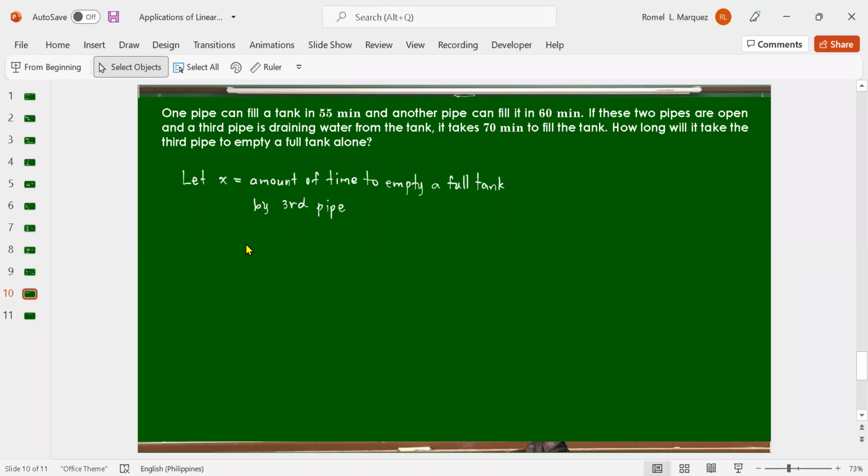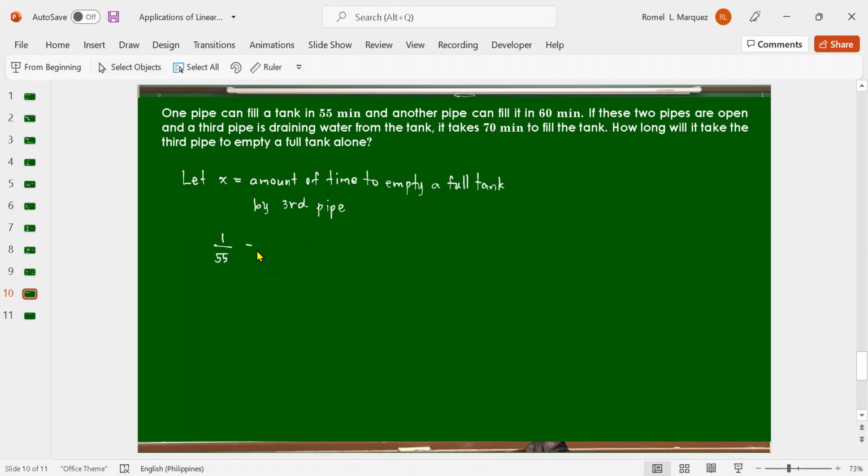Okay, guys? So, yung part na napupuno, that can fill the tank for every minute ay 1/55 ang part ng napupuno. Kasi it takes 55 minutes to fill the tank by the first pipe.